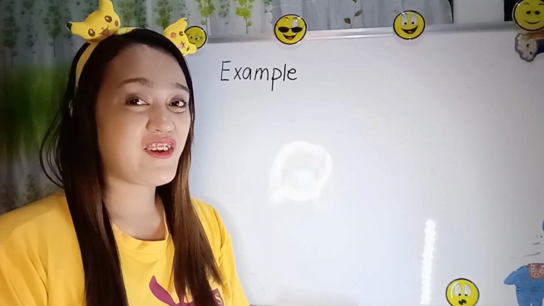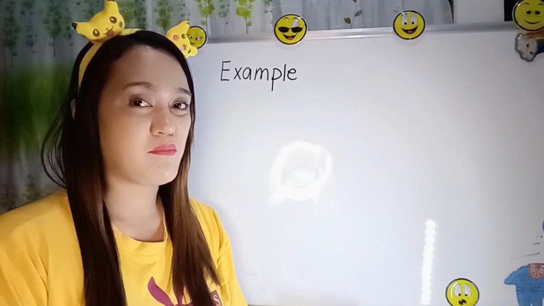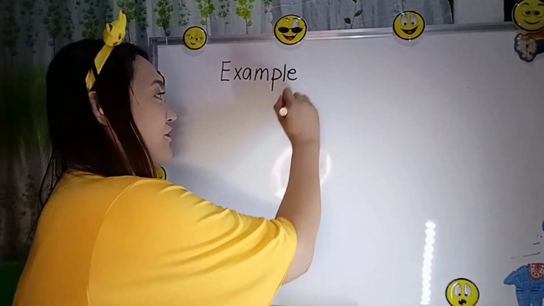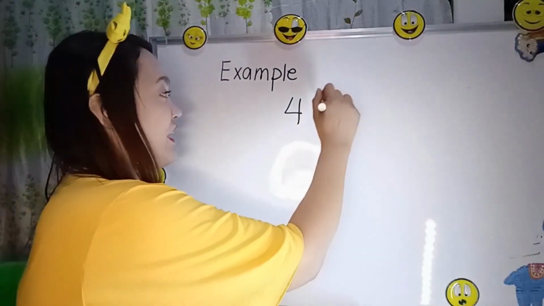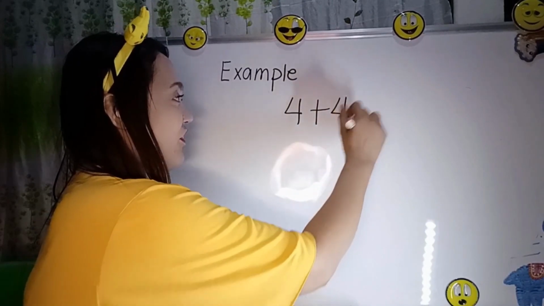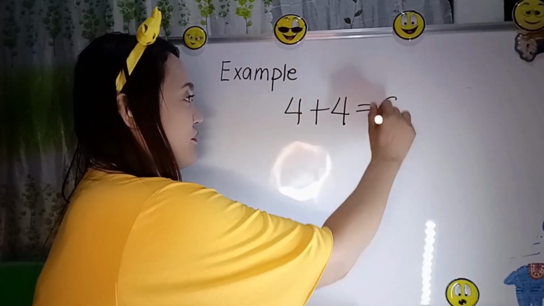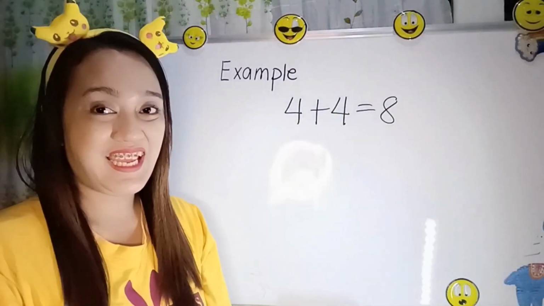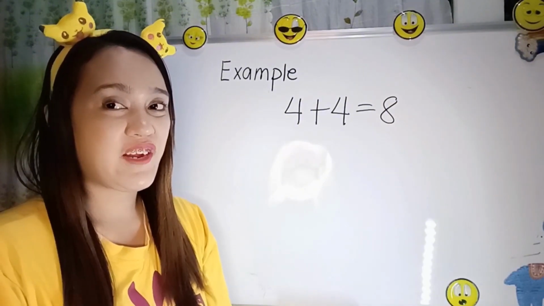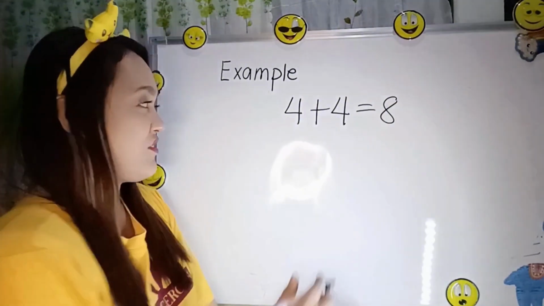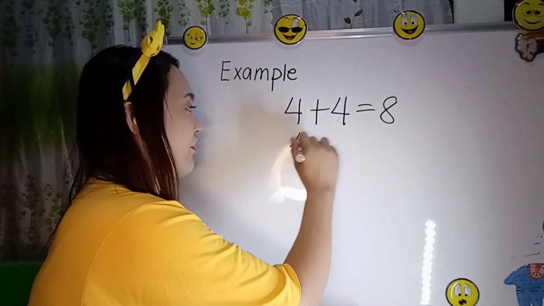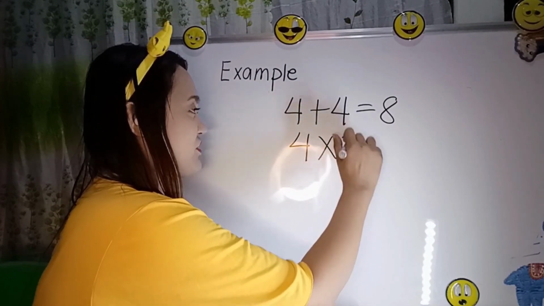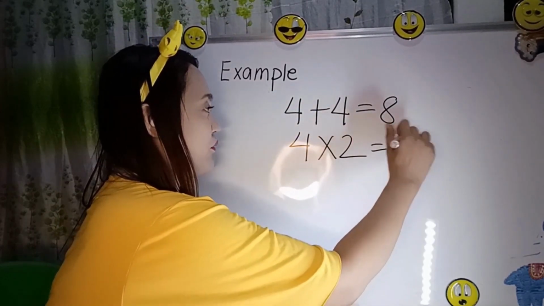Let's have another example of addition problem. So let's have 4 plus 4 equals 8. Or we can write it in another way, 4 times 2 is equal to 8.